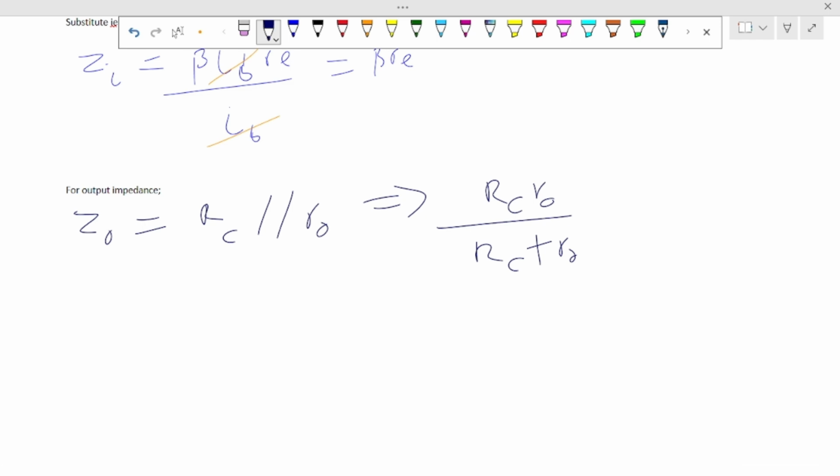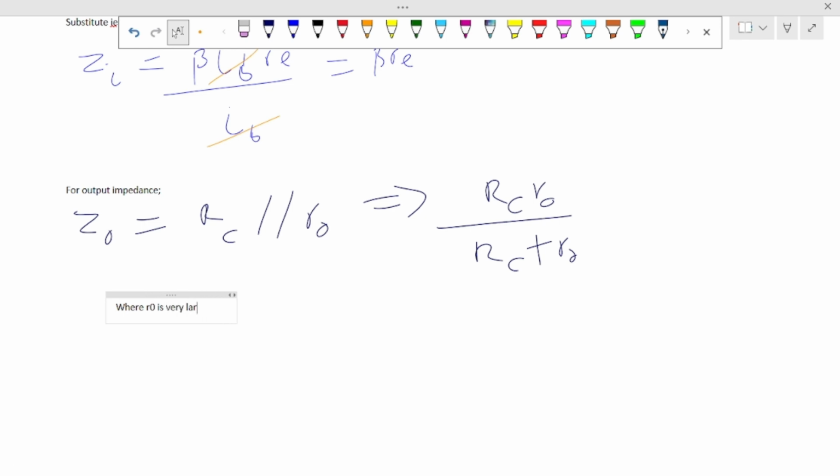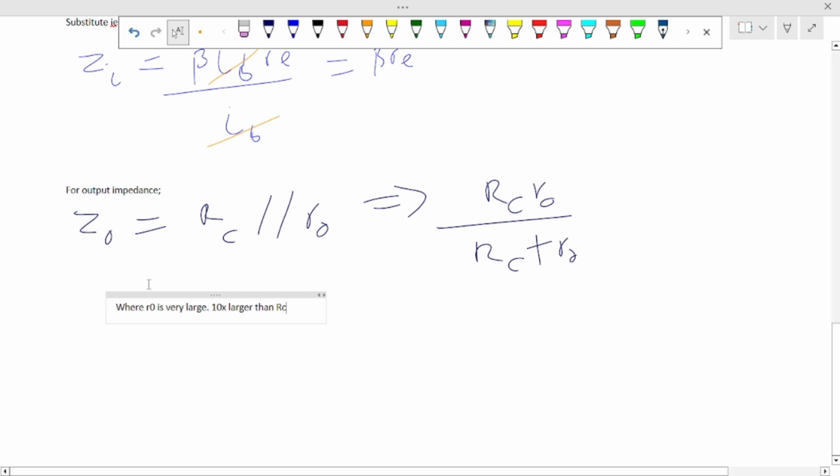But the thing is, RO is very large, in fact 10 times larger than RC. How do I know that this is 10 times larger?